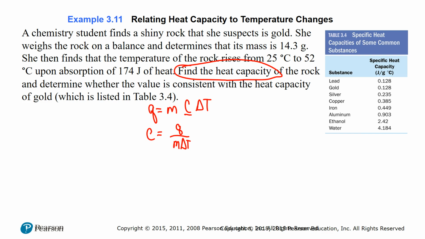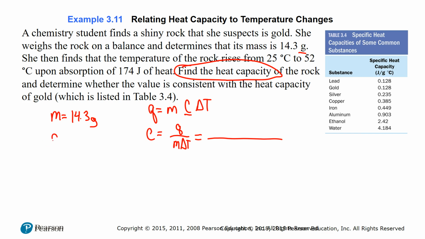All right. So looking at this, I've got my equation. I know what I'm solving for. I'm solving for C. That's my specific heat. So now I can start using the information in my problem. I know that my mass is 14.3 grams. The reason why I know that that's mass is because it's grams.